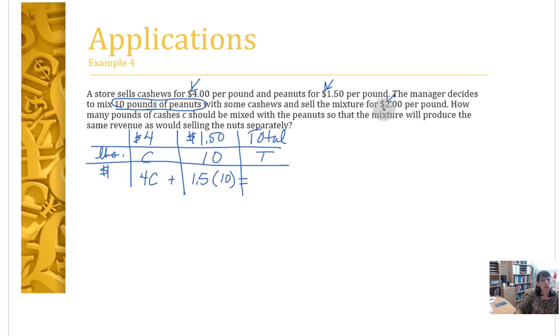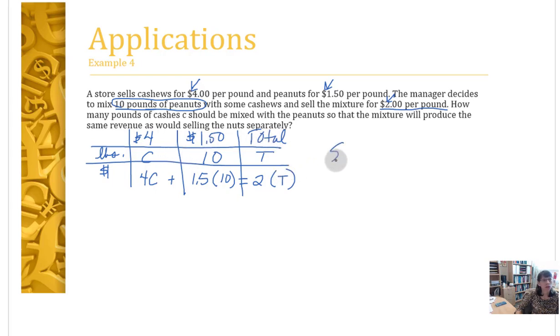Now it says that we're trying to sell at $2 per pound. So $2 multiplied by the total number of pounds. Since we don't know the total number of pounds, I have to keep my variable T to represent total pounds.